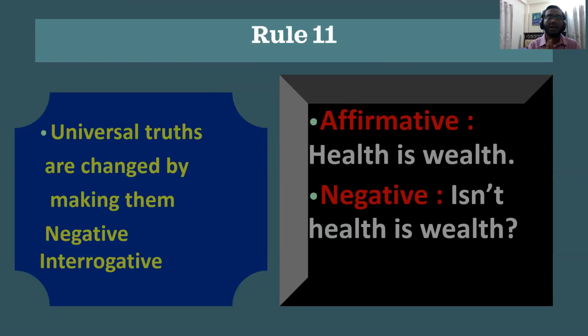Okay, I think now you can easily change the sentences from affirmative to negative or vice versa. That means negative to interrogative. Okay, I think everyone is clear now. Can you understand? Okay, then what is next?